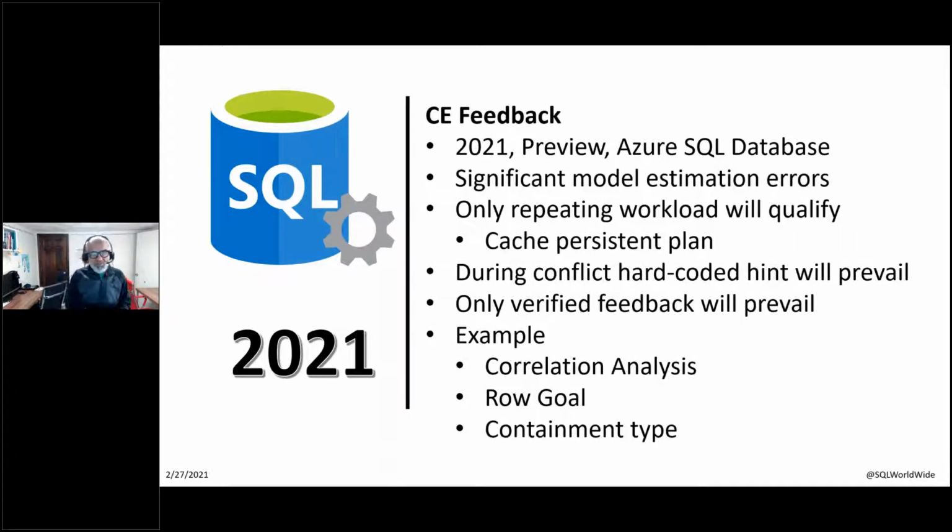The other one is going to give you feedback. Whenever they see a piece of code that is not running optimally, it will look at the cardinality estimate and give feedback.